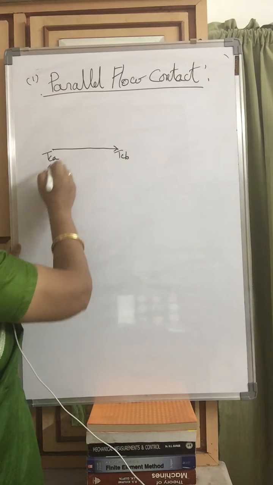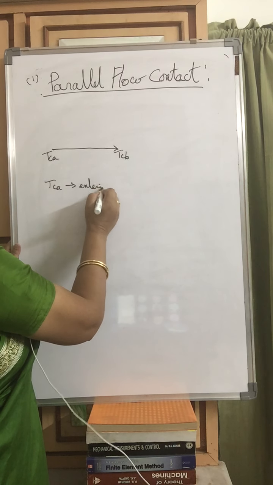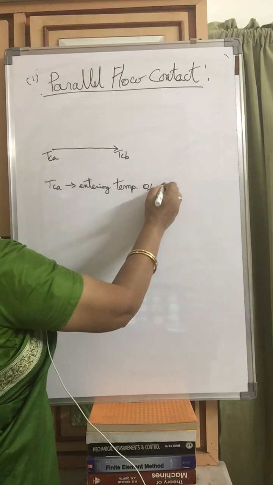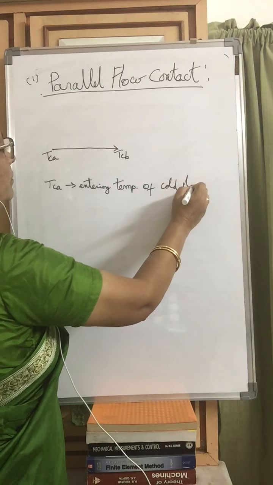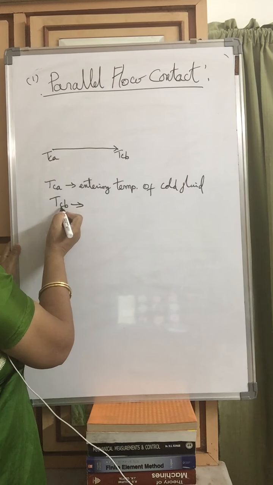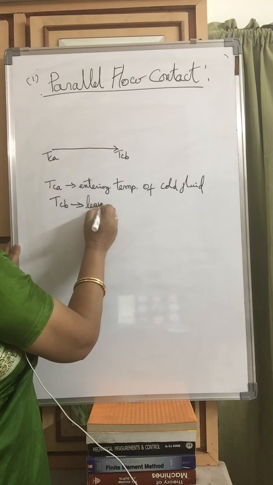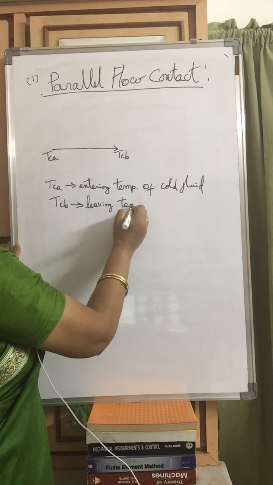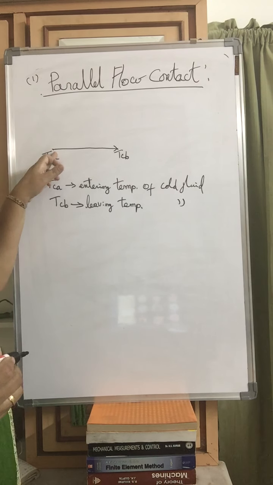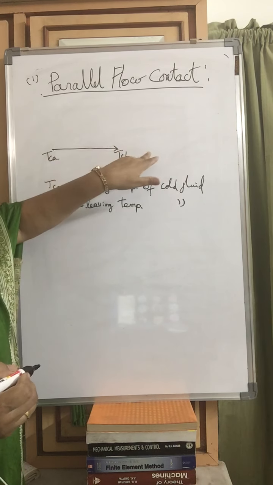So TCA is the entering temperature of cold fluid. Then TCB indicates, C for cold, B for leaving, so the leaving temperature of cold fluid.